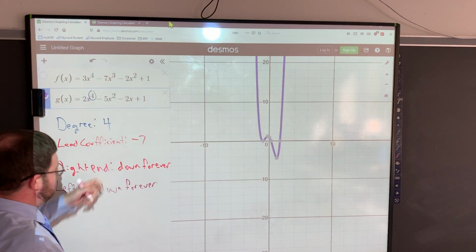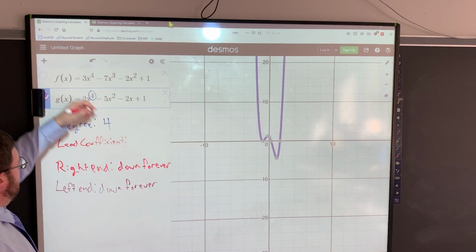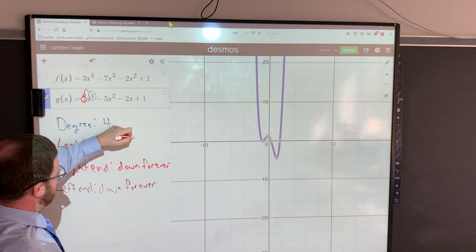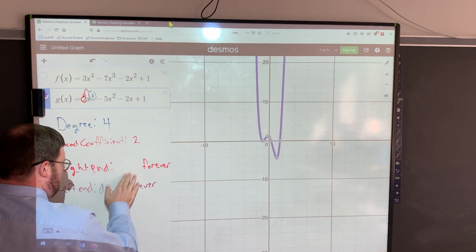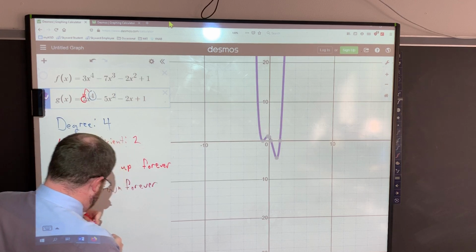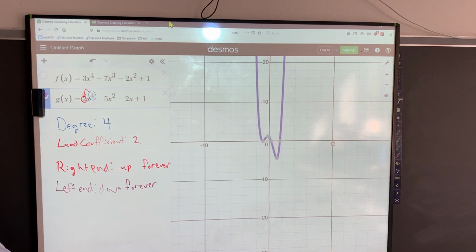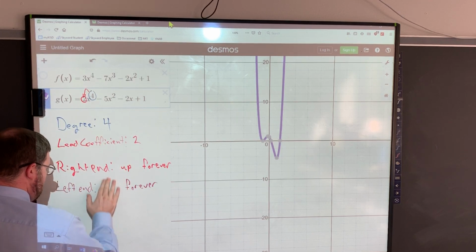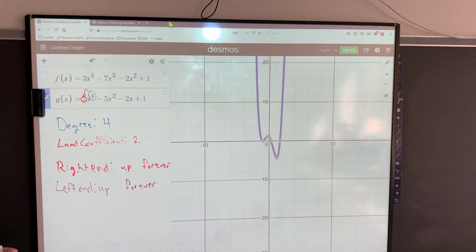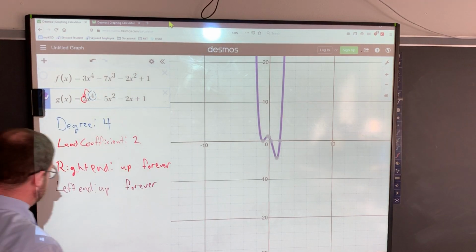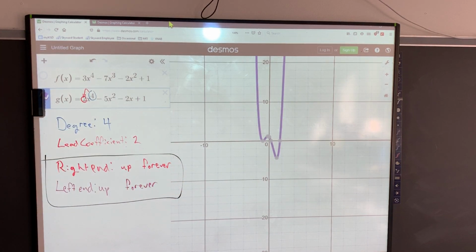The leading coefficient is now this 2, and it is positive, so that means that the right end goes up forever. The degree is an even number, so that means the left end does the same thing. It goes up forever. When we're looking for the answers on this, this is going to be the answers that I'm looking for.